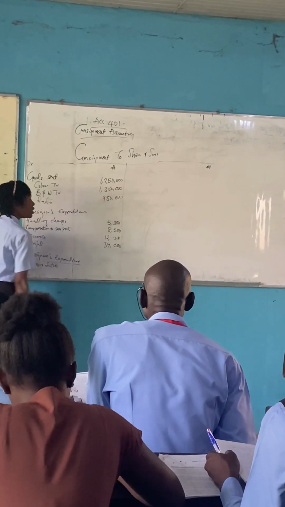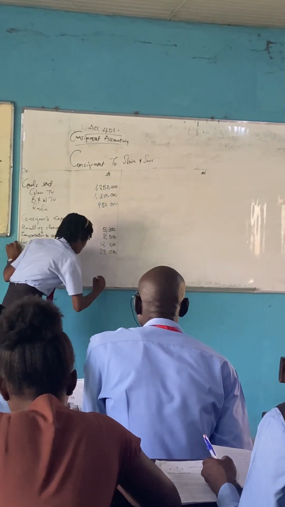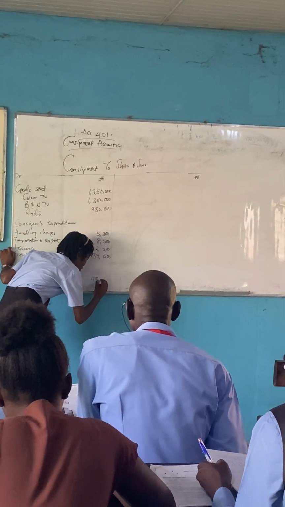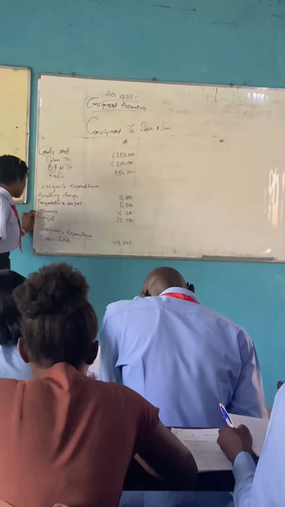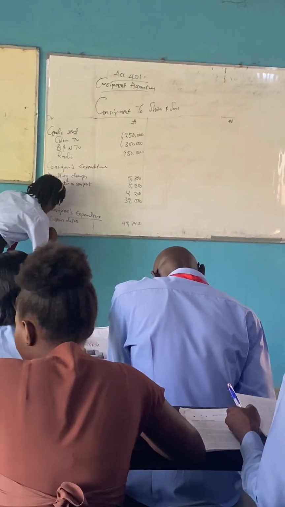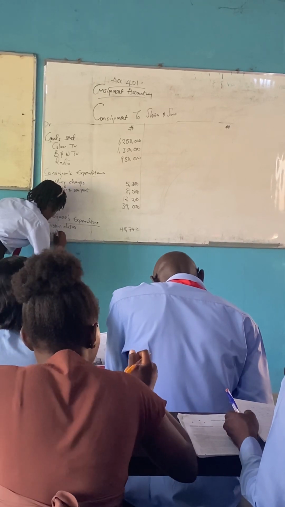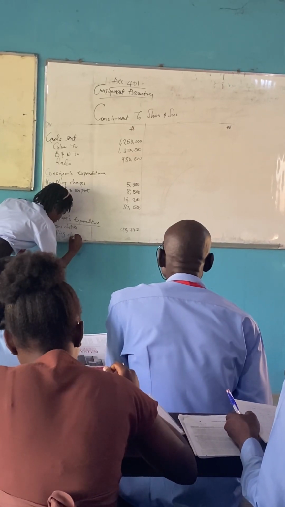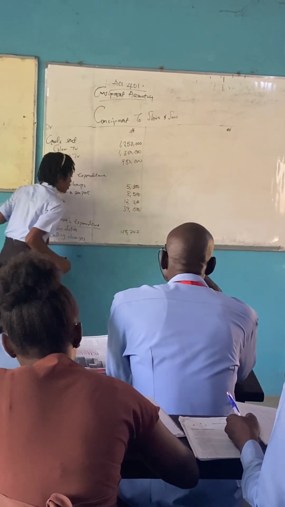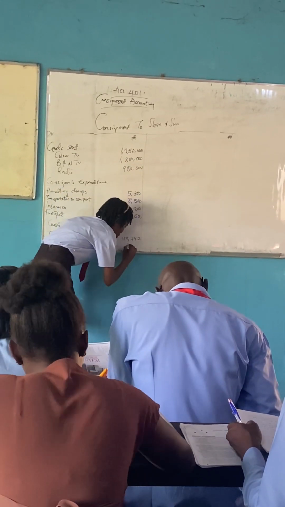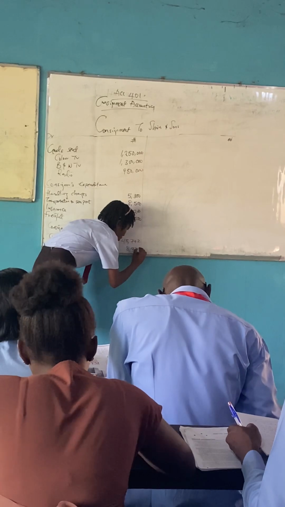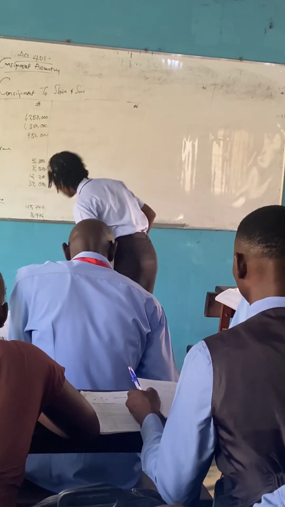Custom duty total value is how much? 740. 42. Next one. Handling charges. 8,976. The next one is what?